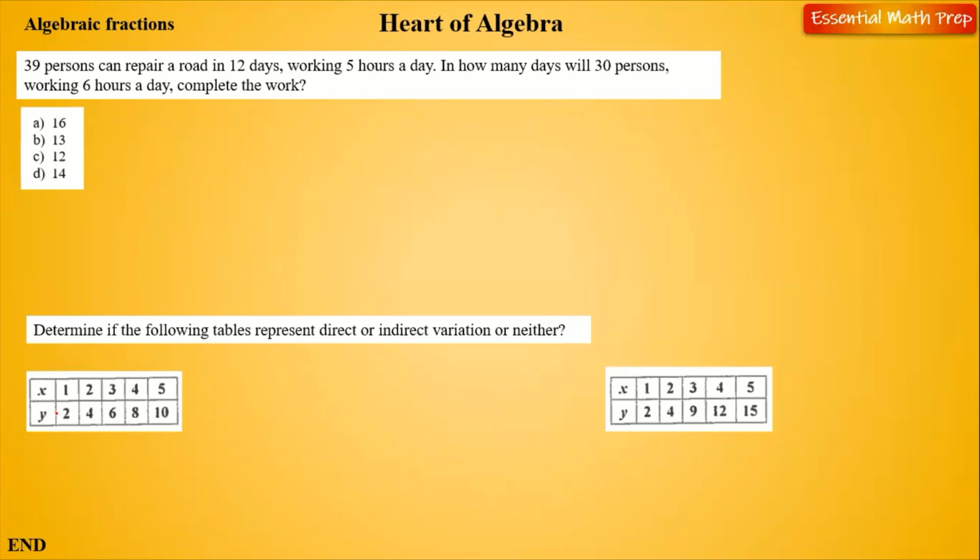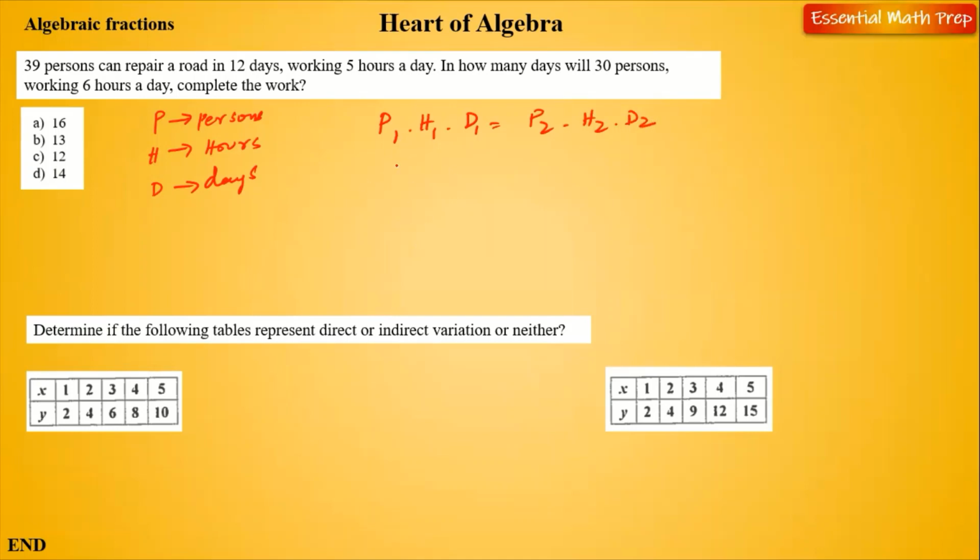Again, 39 persons can repair a road in 12 days, working 5 hours a day. In how many days will 30 persons working 6 hours a day complete the work? So let's denote persons by P, hours by H, and D for days. That means P1 times H1 times D1 equals P2 times H2 times D2.